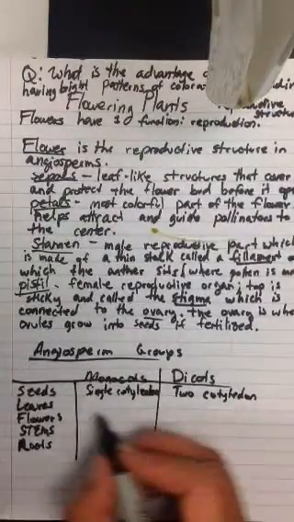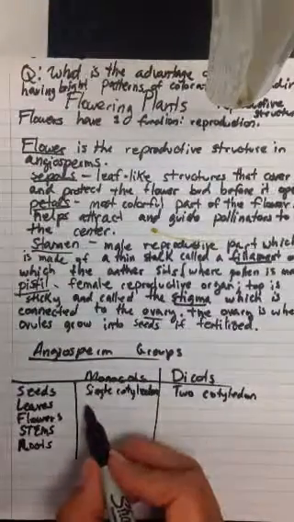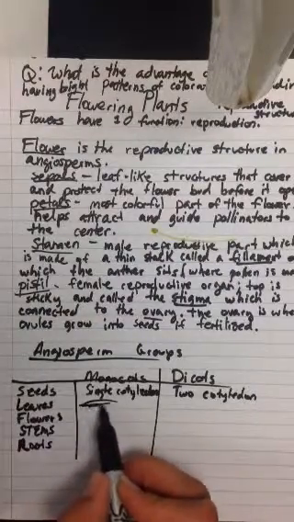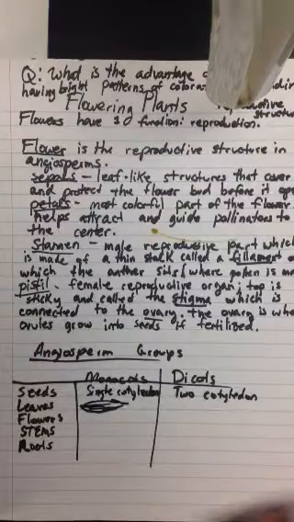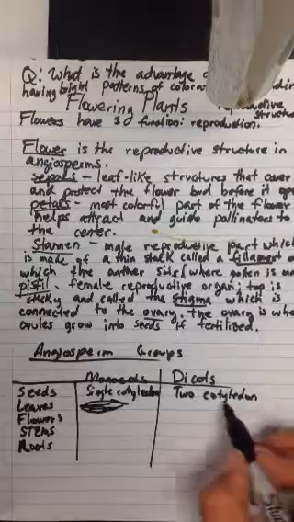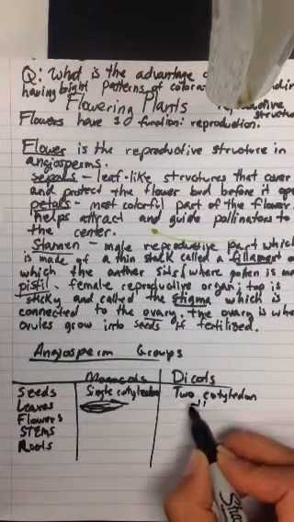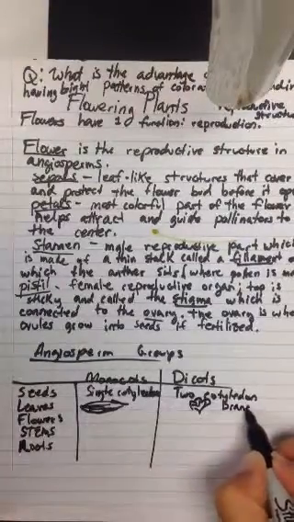Those are the first leaves that come out of the seed. In a monocot, the leaves have parallel veins, so I'm actually going to draw an example of it, and you will see some in class, but they have long parallel veins, whereas in a dicot, the veins branch. So these are branched veins.